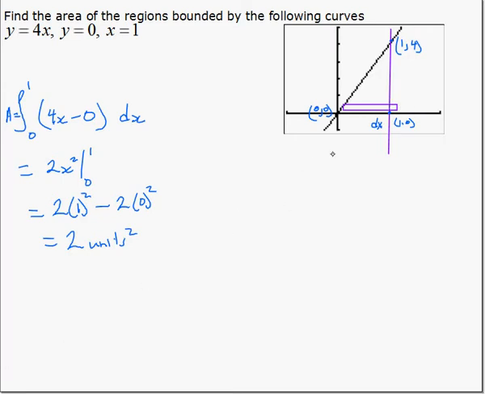So we could equally write an equation for the area with respect to dy using the y values.